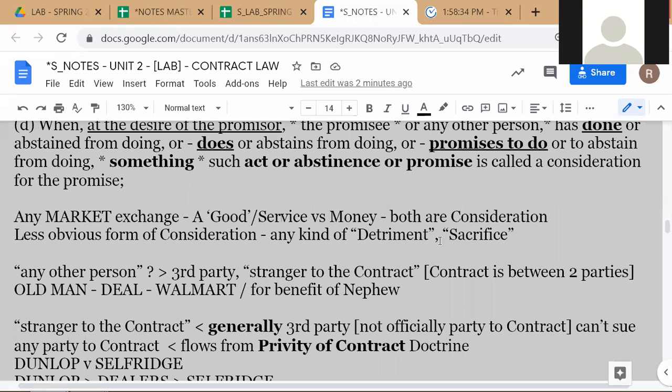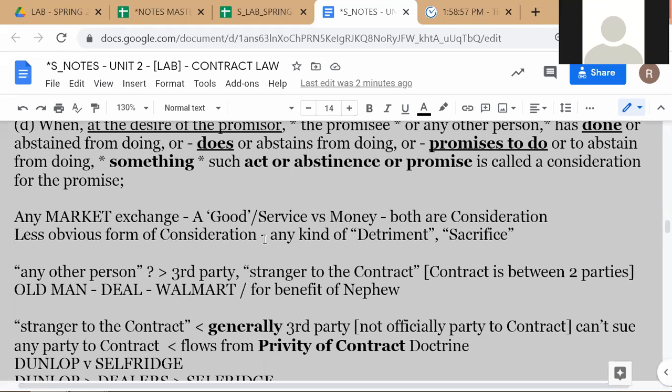Now, there is a less obvious form of consideration. You might have certain types of agreements where there is no explicit payment being made, or no explicit item handed over as consideration, like a cup of coffee or 100 kilos of potatoes.